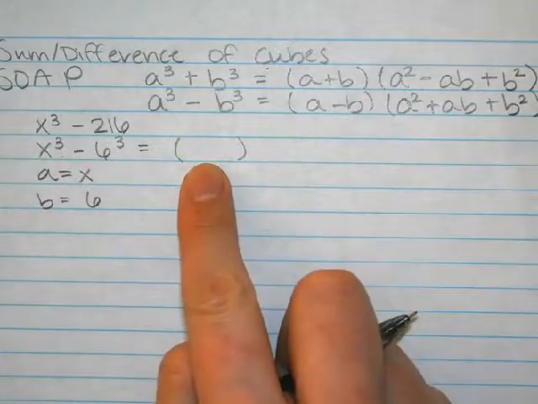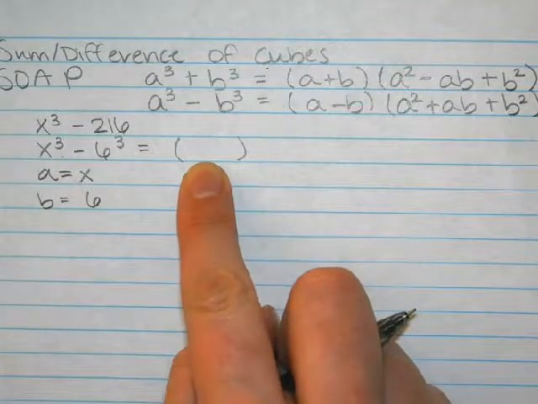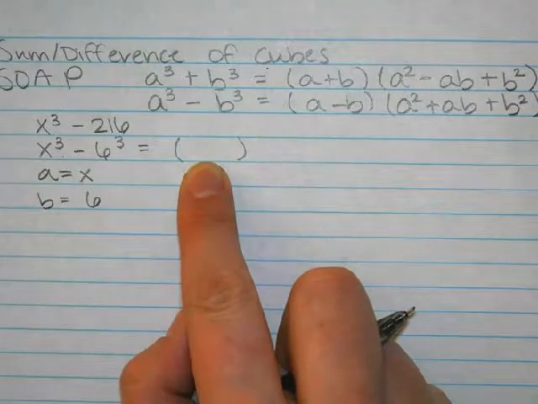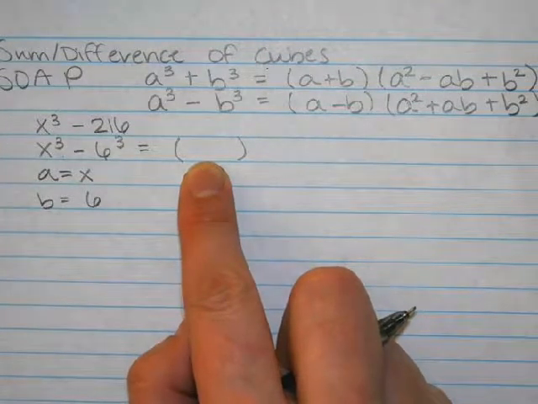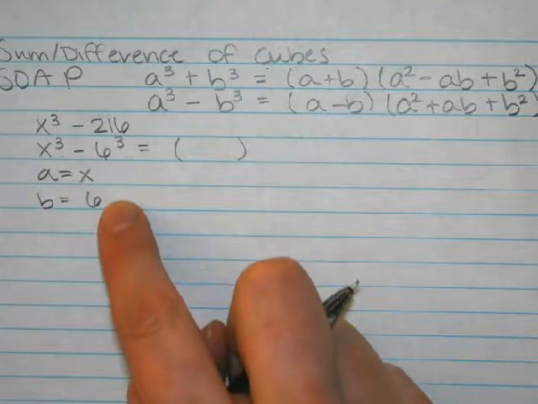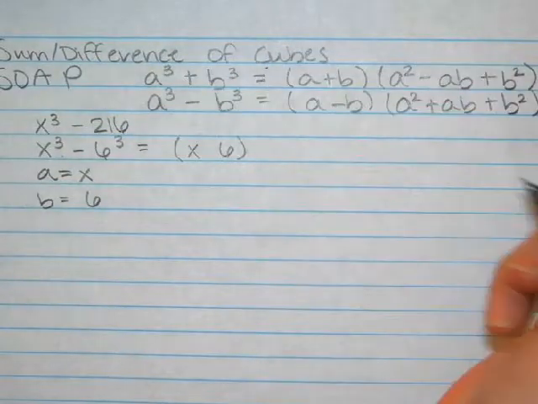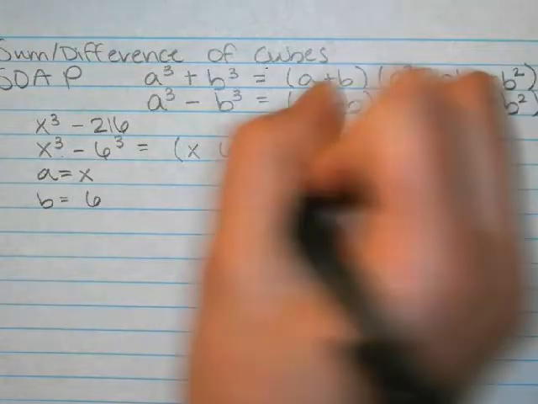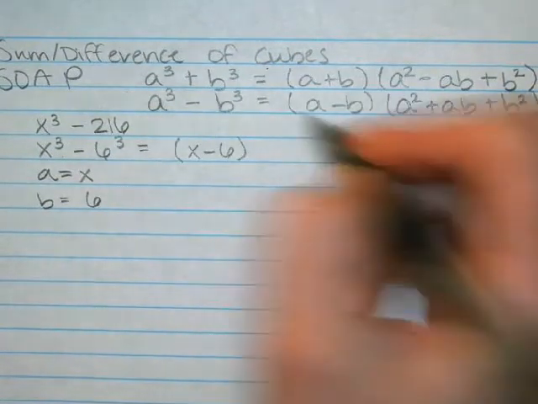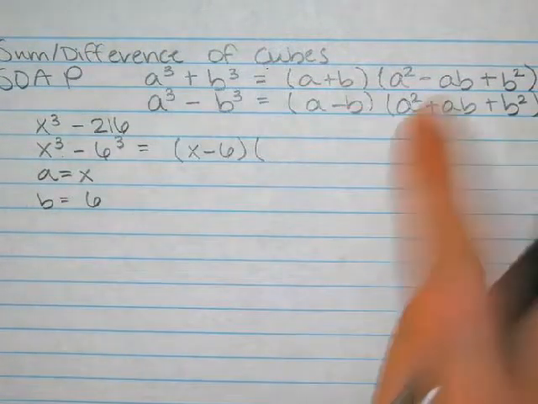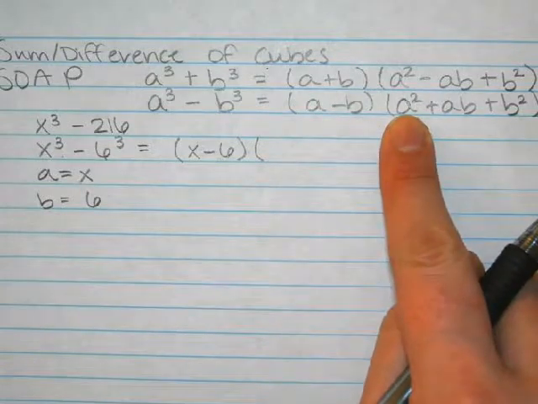So what should I put in my first set of parentheses? Same sign. So what am I going to put? You're close. X minus 6, because it's a minus problem. Good. And then what should come next? The A value times itself.